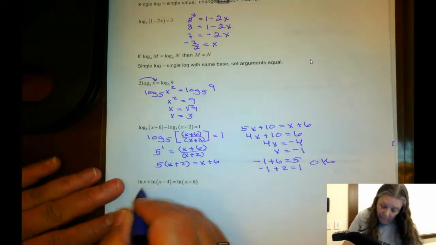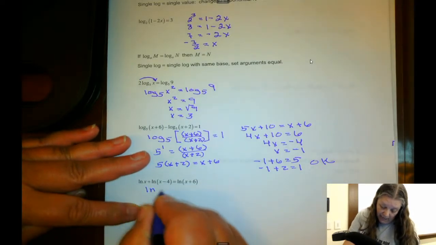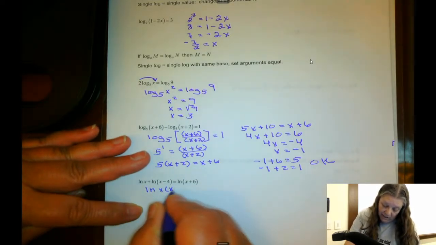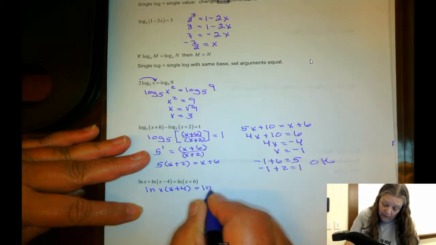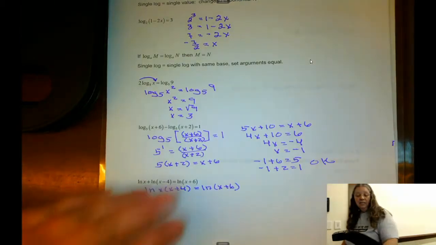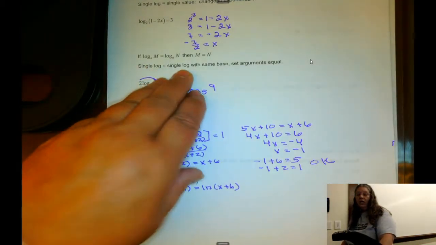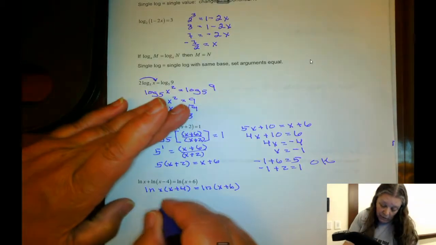Okay, we need to combine the left side. So this is ln of x times x plus 4 equals ln of x plus 6. This is a case where we have single log equal to single log, same base, so we set arguments equal.